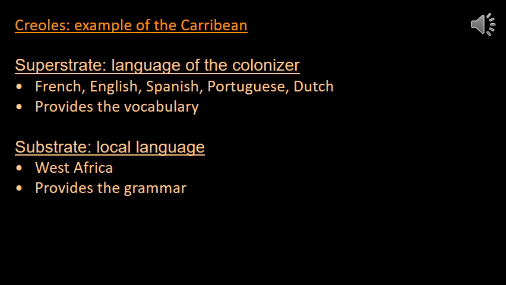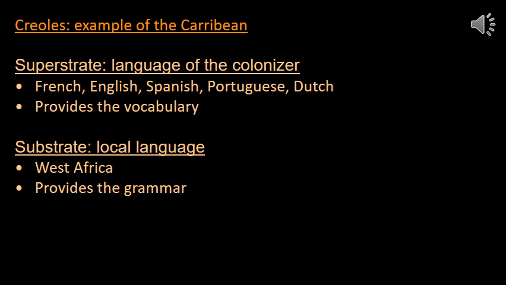In the case of the Caribbean, there are 5 languages that were used in the past as superstrates: French, English, Spanish, Portuguese, and Dutch to a lesser extent. There might be a little bit of Italian as well in the past, but very limited. These European languages, these languages of colonizers, provide the vocabulary of the Creole.